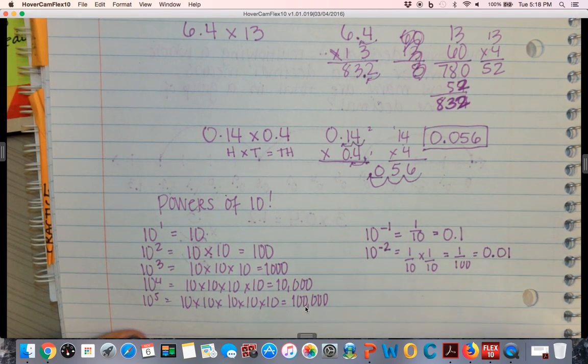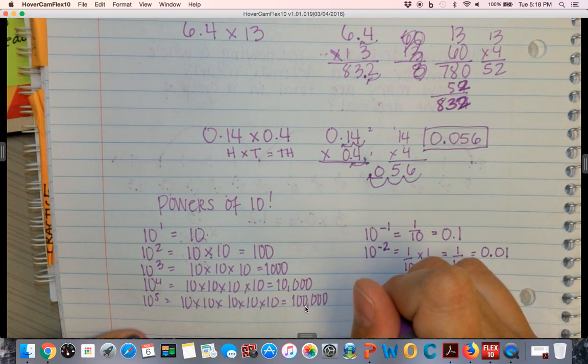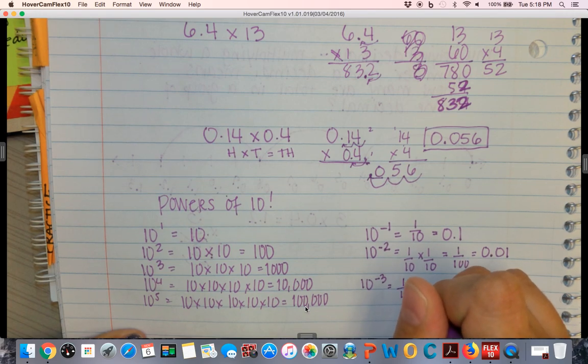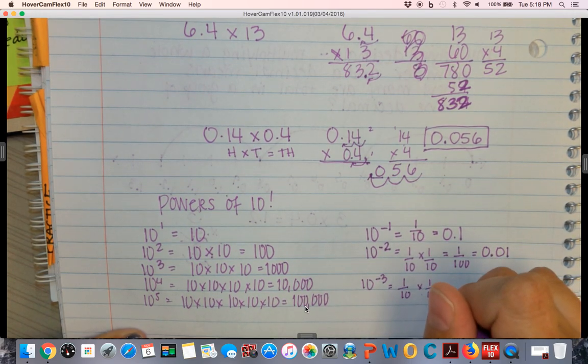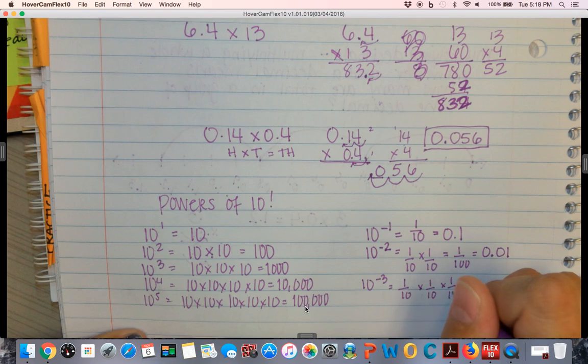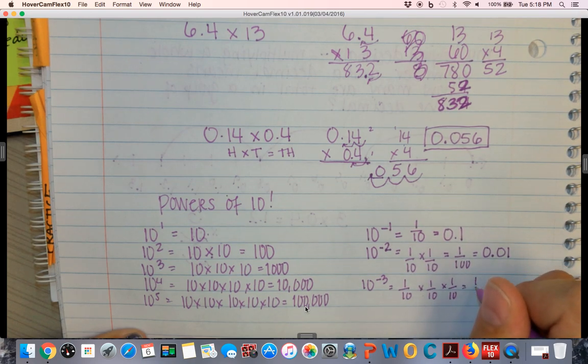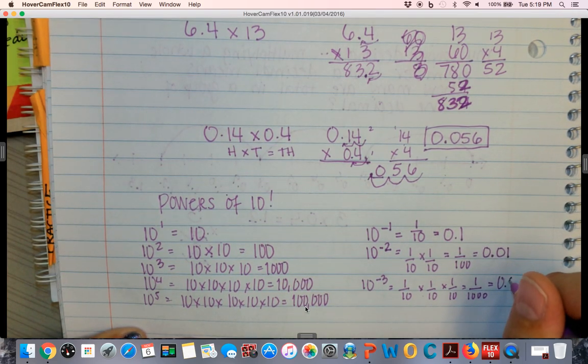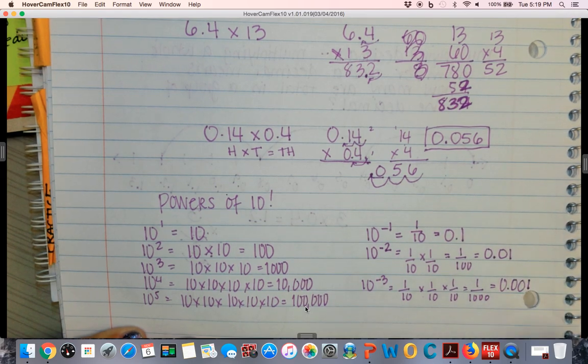That's the hundredths place. 10 to the negative 3 is 1/10 times 1/10 times 1/10, which equals 1 over 1,000, which is the same as 0.001, or 1/1000th.